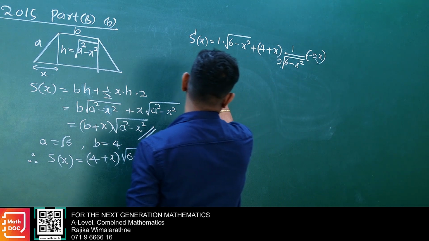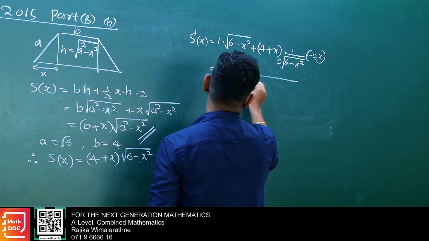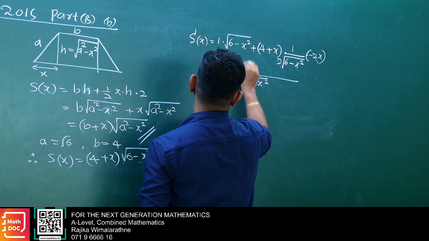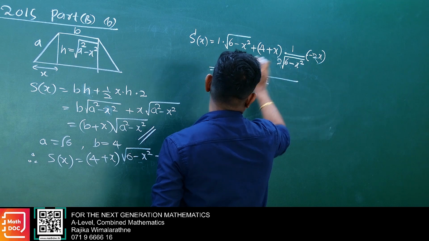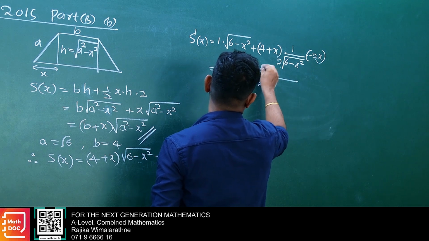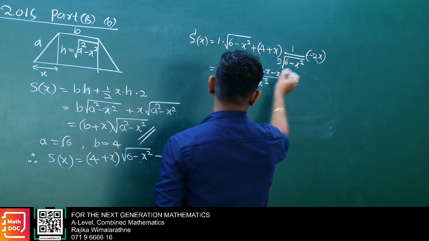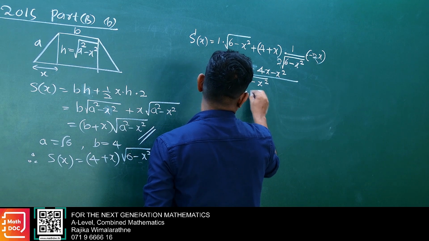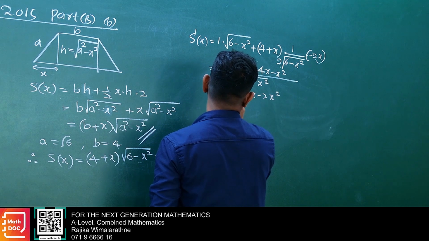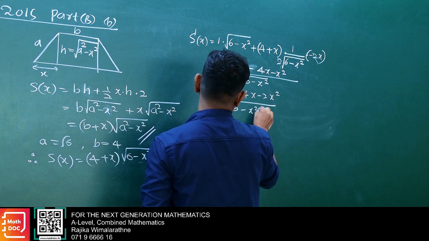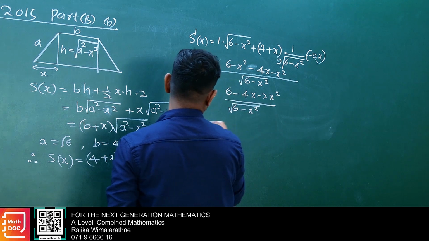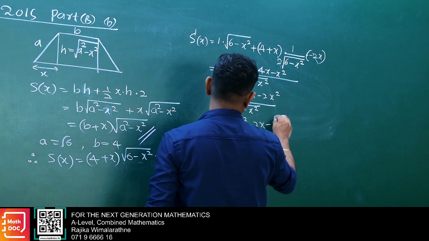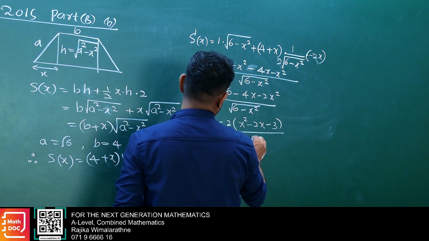Get a common denominator. Here 6 minus X squared minus 4X minus X squared: 6 minus 4X minus 2X squared. Take minus 2 outside: X squared plus 2X minus 3, over square root of 6 minus X squared.